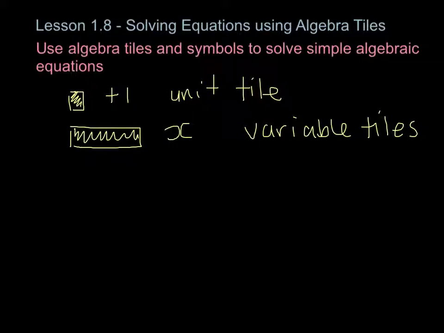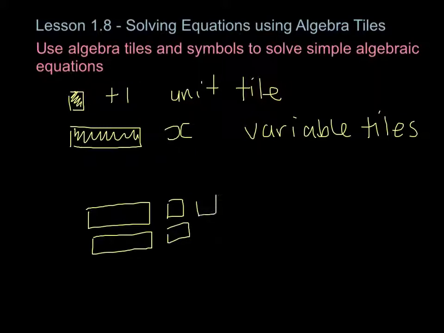So knowing what each one of those tiles represents, I'm going to represent an algebraic expression with tiles, and I want you to see if you can tell me what expression is represented by these tiles. So this is my expression. We know that each rectangular tile is a variable tile, so that represents x, 1x.